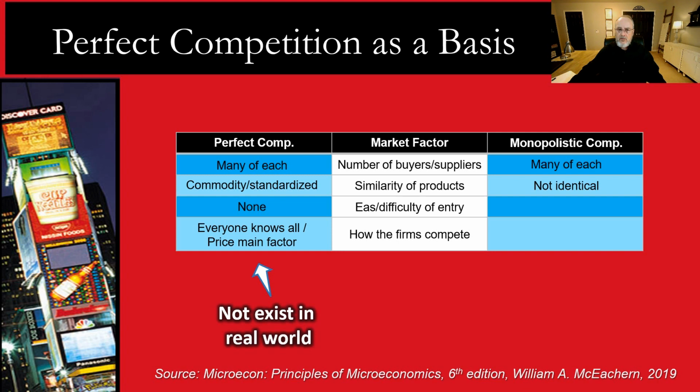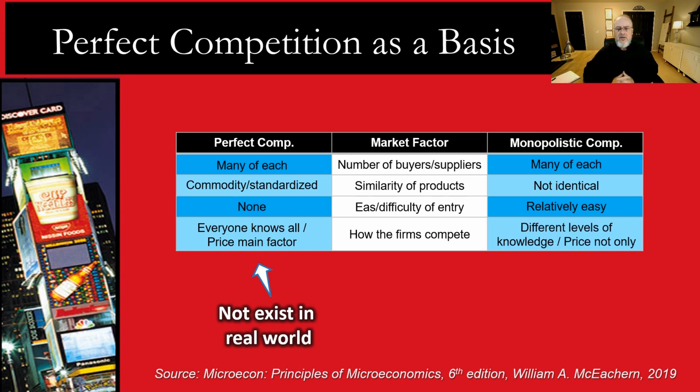They are different enough so that customers can tell the difference, and that suppliers can make something that's different from someone else. It's relatively easy to get in and out of the market, but it is not as easy as in perfect competition. So there are some barriers, but there just aren't a ton of them in most markets.